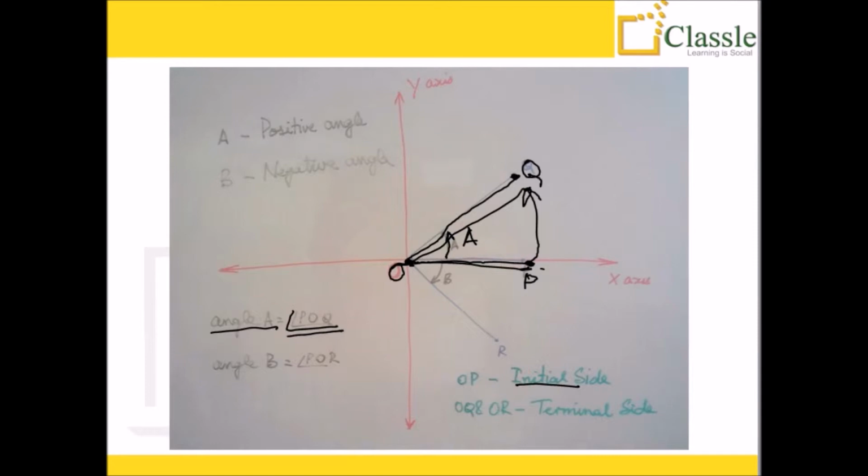Now the same thing, OP could be moving in clockwise direction and come up to R. So OR is the terminal side.